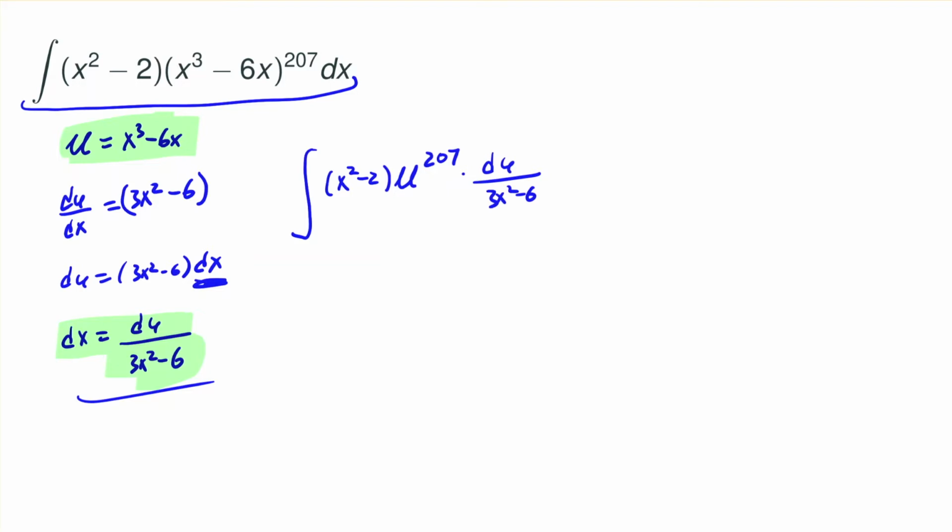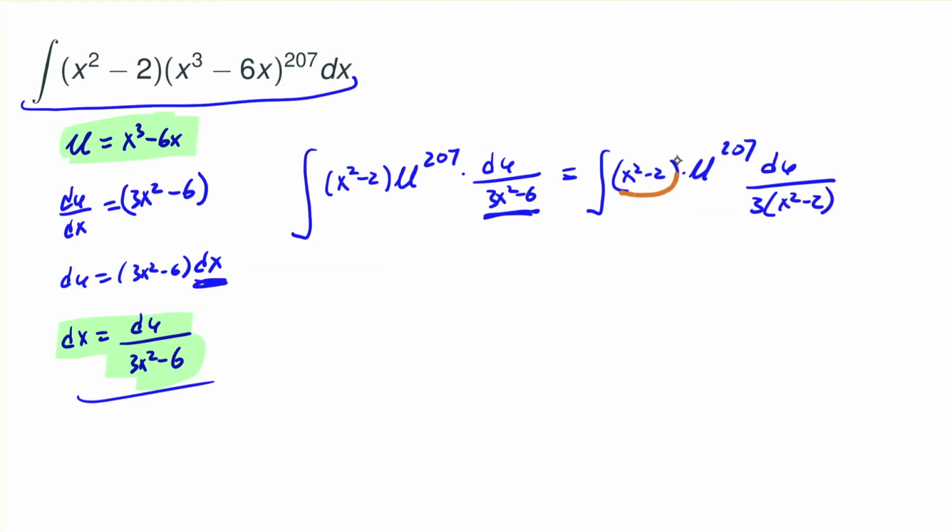Okay. So we cannot take the antiderivative until we have only u. That means we need to do some algebra here. x squared minus 2 multiplied by u to the 207 du over, here we can factor 3 out to get x squared minus 2.